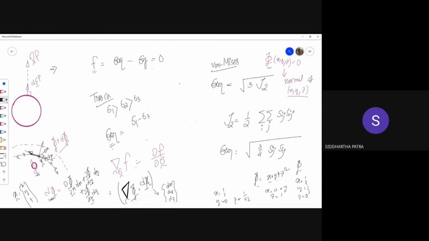Basically, the phi variation would be 0, because you would still be on this surface, right? If you move tangentially, that means you are staying on the surface. So the variation in phi is 0. That means grad of phi dot dx would be 0 if dx were tangential.